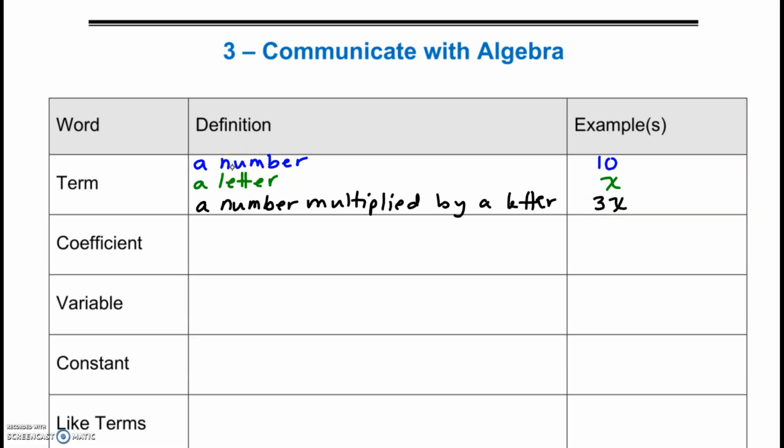Now let's look at if I have a term like 3x as my example. It's made up of 2 parts. And the number part right here, that is called the coefficient. So the coefficient is the number part of a term.